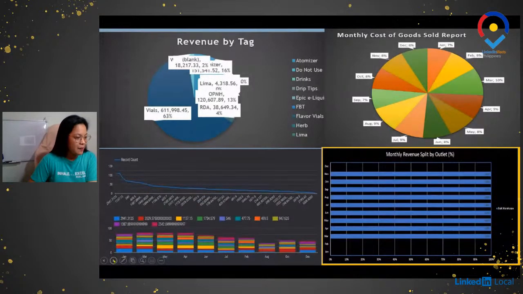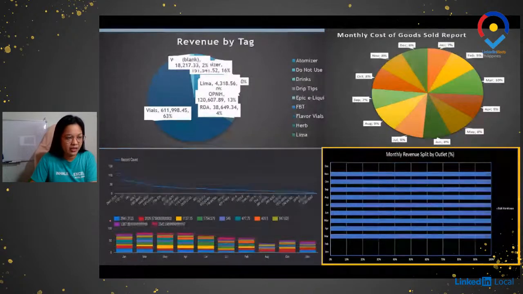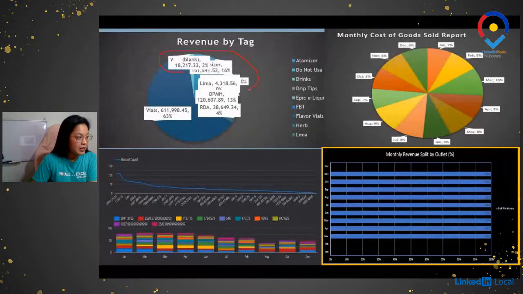Usually kasi meron sa atin na gumagawa ng reports na okay, I know how to use pie chart, I know how to create pie chart, pero they're not actually trying to consider the readability of their report. If you will notice here, you have, I think, more than 6 categories.